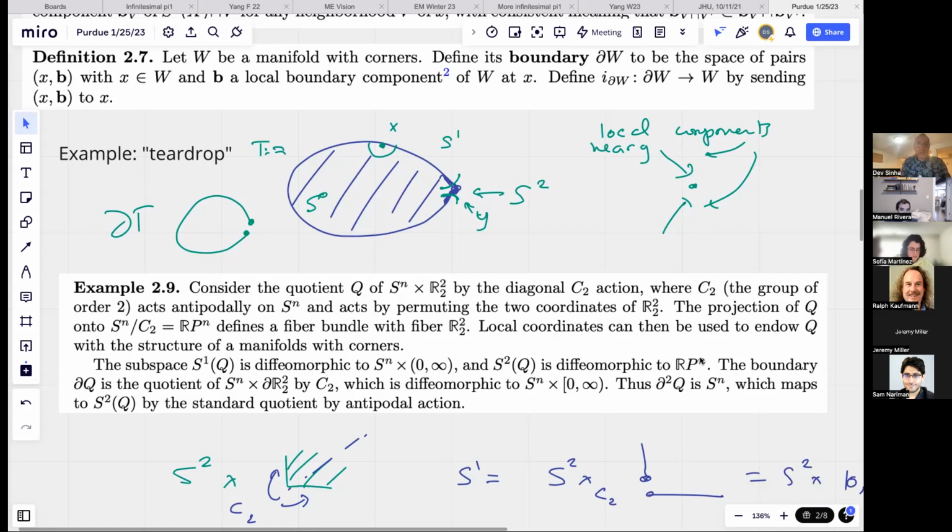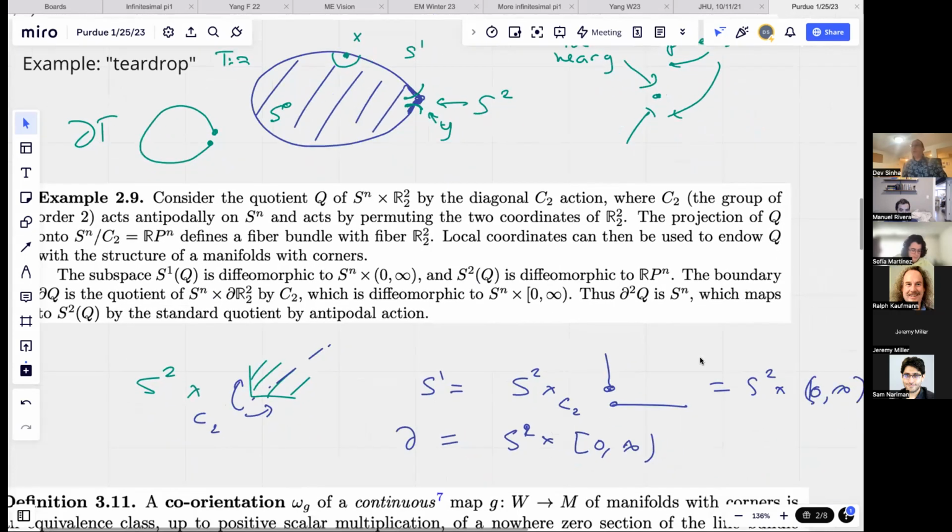So that's fine. But then the boundary of that, and so that's S1. So then the boundary of this manifold is S1, S2 cross 0 infinity. The boundary of that would be S2. So boundary squared is S2.